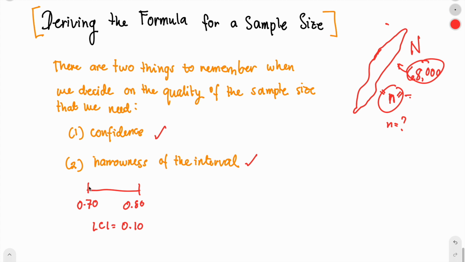So precise kay siya. Okay, imong possible values will fall between 0.70 and 0.80. But what if, let's say, you have a wider interval, let's say 0.60 to 0.93.